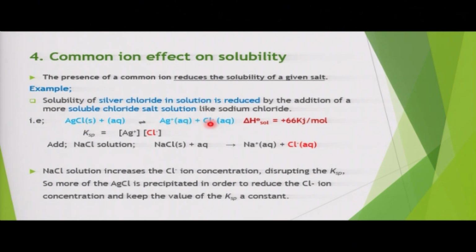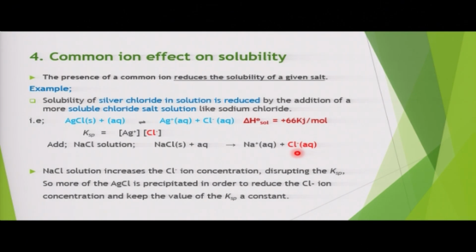So you see, now the reaction goes backward. Chloride, which has increased in amount, combines with the silver ions to form the silver chloride salt. So the solubility reduces because the amount of the chloride from silver chloride has reduced. What is in the solution are the chlorides from sodium chloride.